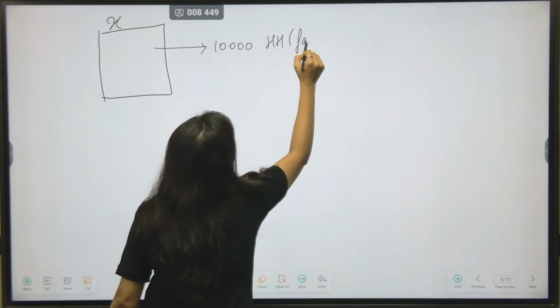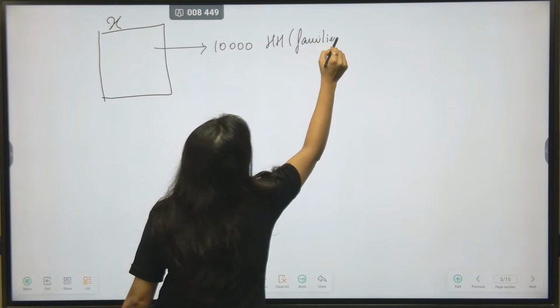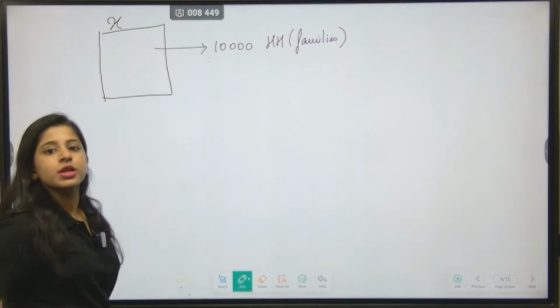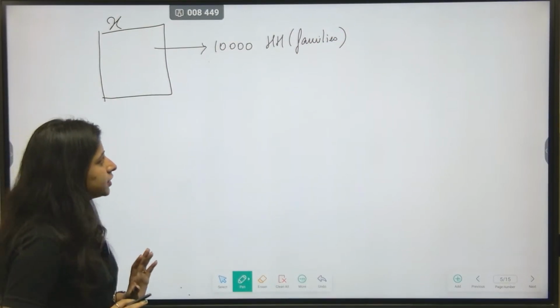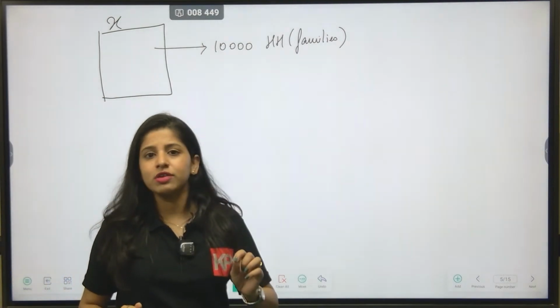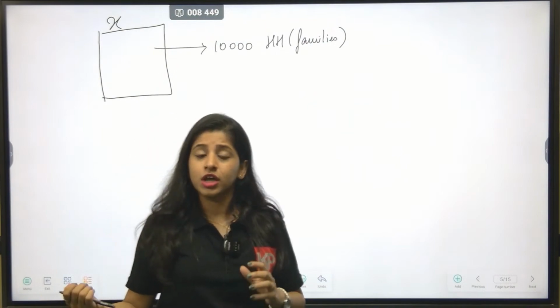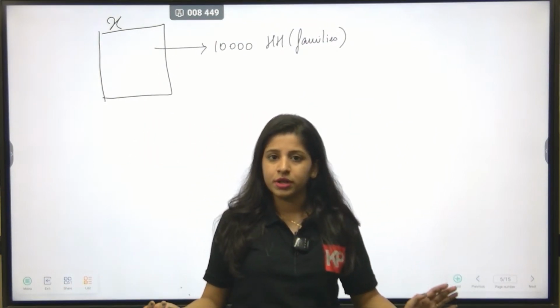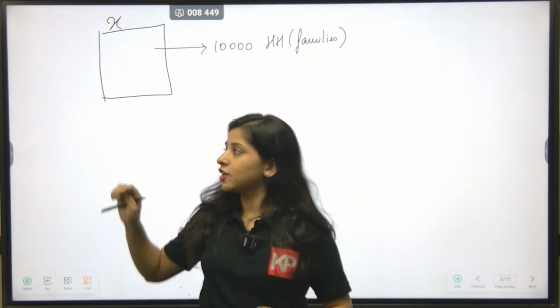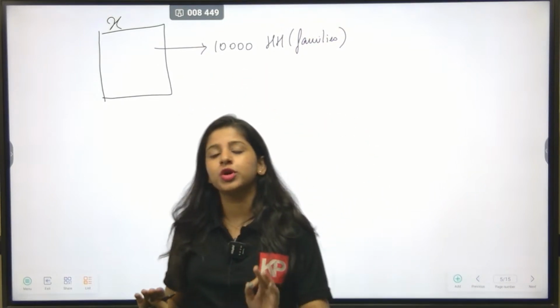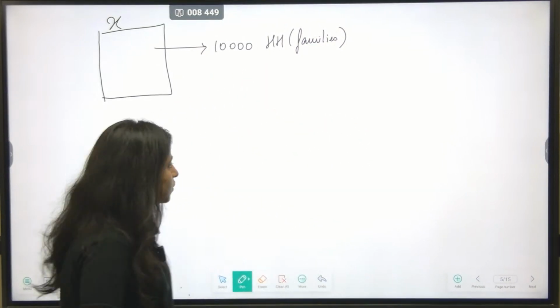That means families. 10,000 households live in this particular city. So how many dwelling units do we require? We require 10,000 dwelling units, right? Ideally, if there are 10,000 households, we would require 10,000 dwelling units, but that is not the case.